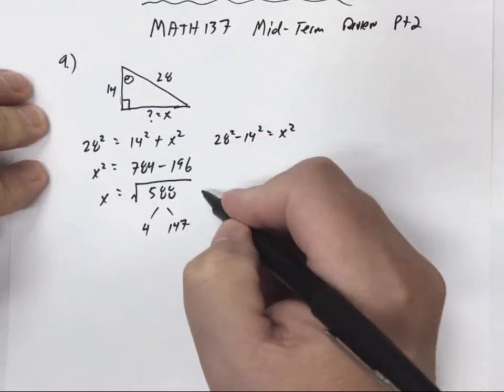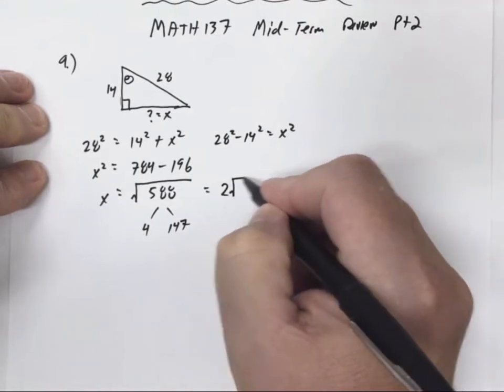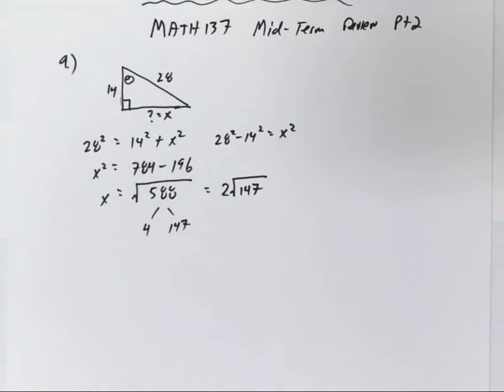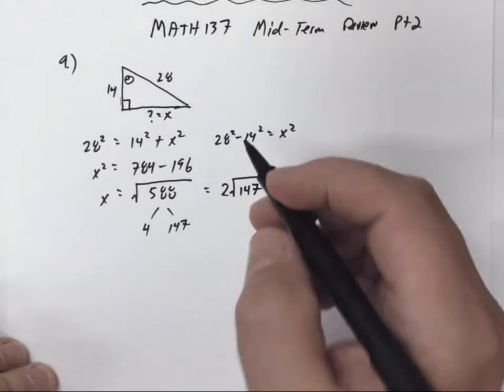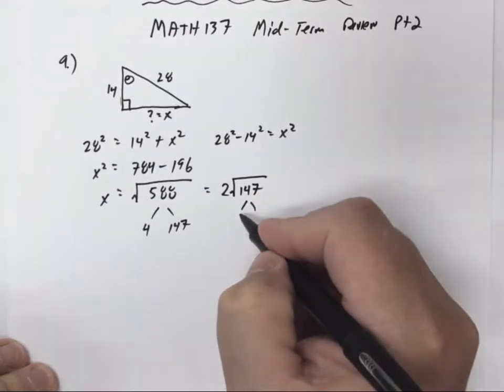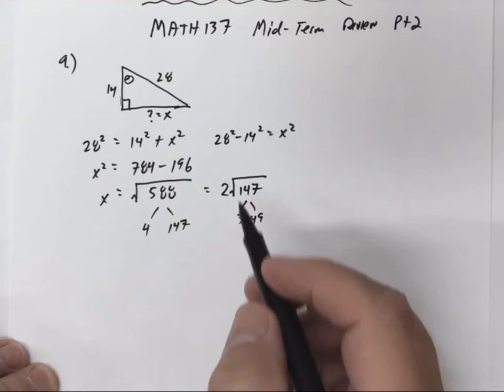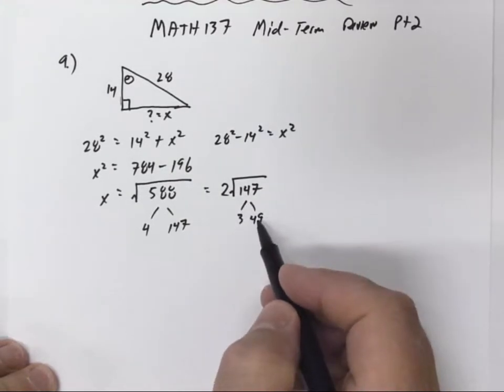So therefore, I'm trying to make sure about 147. Oh, see, that's it. You know what? It can be reduced further. 147 is 3 times 49.